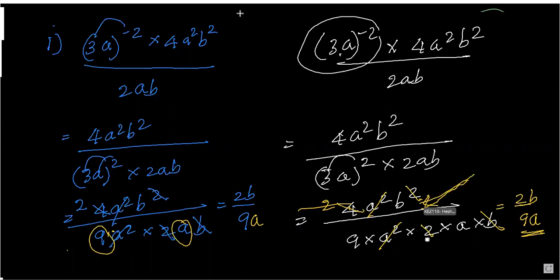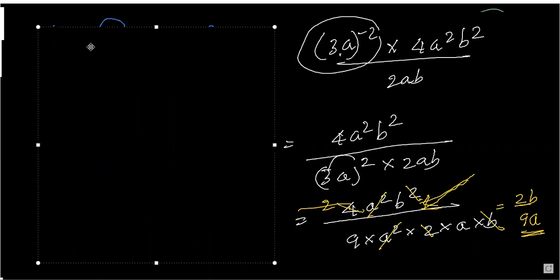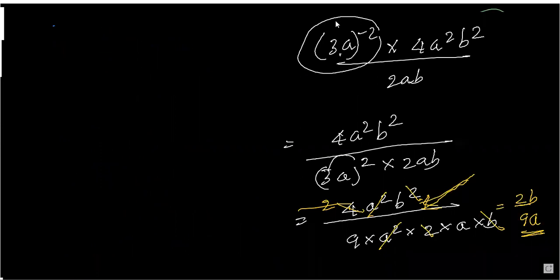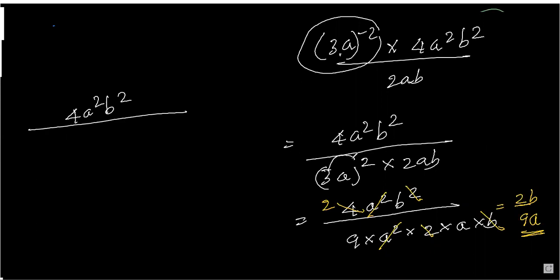Right, simplification problem now. I will show you the simplification of this one. Look at here, 4a squared, b squared. Then expand the bracket, 9 into a squared into 2 into a into b.